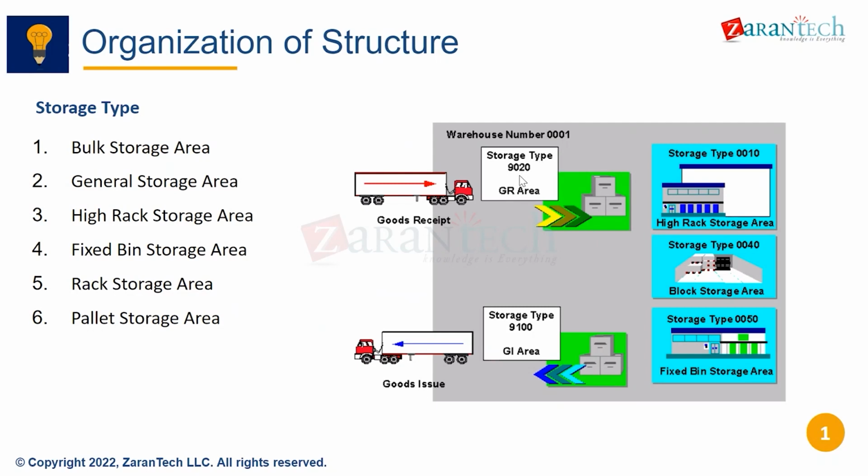You can see this 9020. This is a standard storage type SAP has provided. Even the goods doors are represented as a storage type in the warehouse. Everything will start with the storage type. Even yard management, the parking lot, if that also needs to be scoped into EWM, that is called yard management.